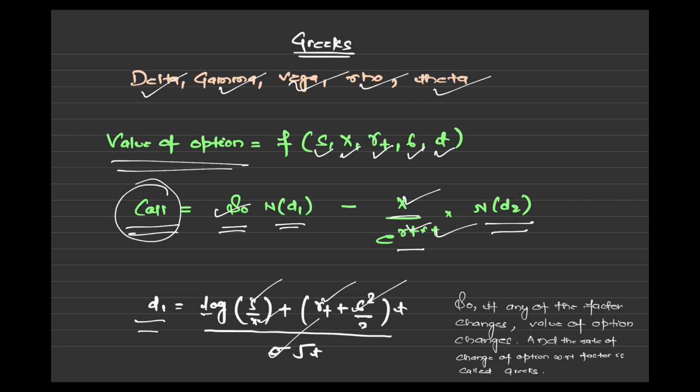If any one of the factors changes, the value of the option changes, and the rate of change of the option with respect to one factor, keeping other factors constant, is the Greek.